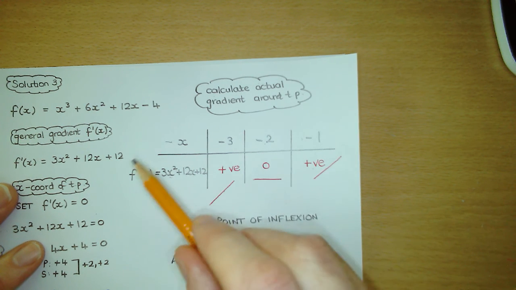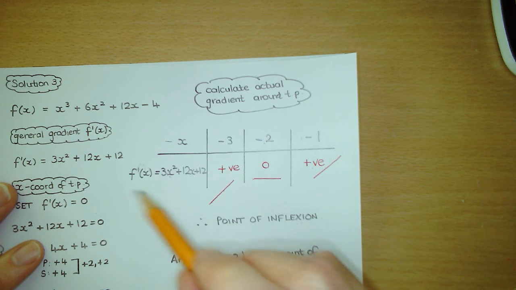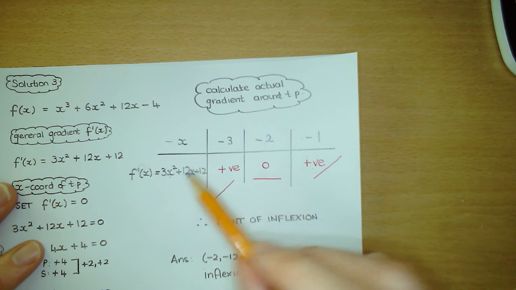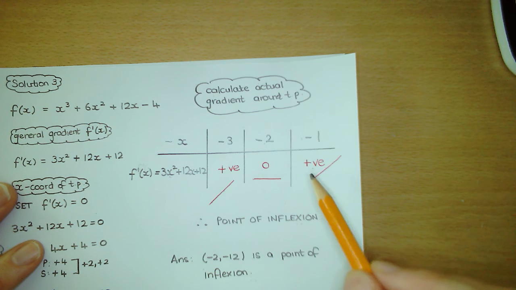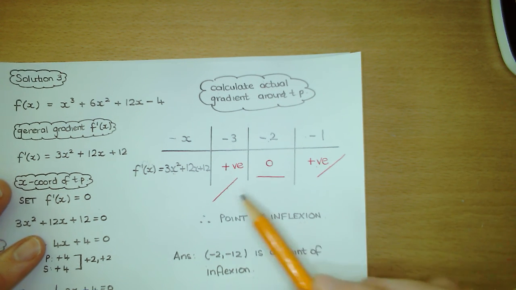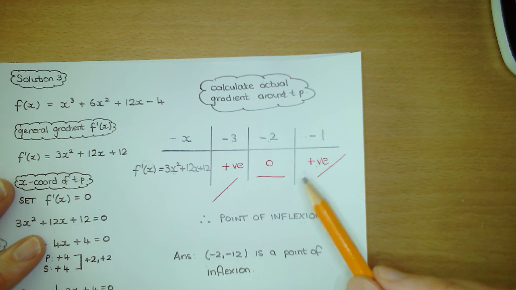So you need to then down here have your general gradient expression, and you sub each of the x coordinates into that general gradient expression to get the sign of the actual gradient either side of the turning point. And by that you can determine what type of turning point it is.